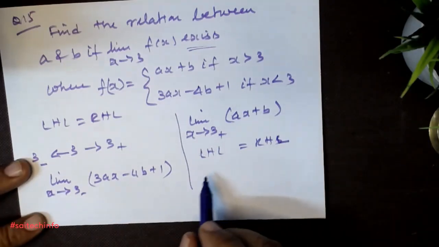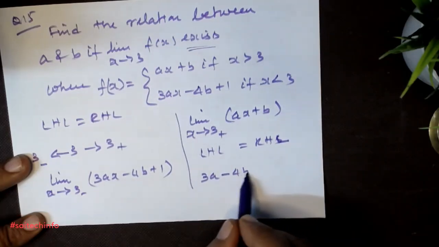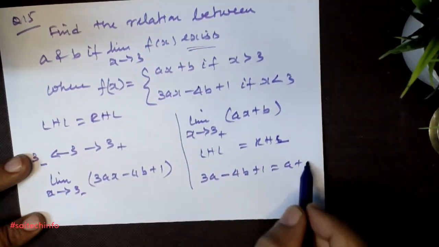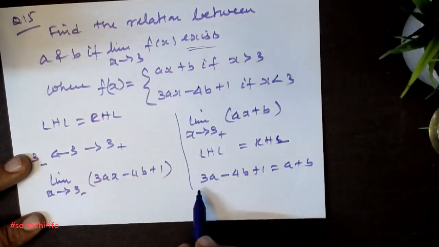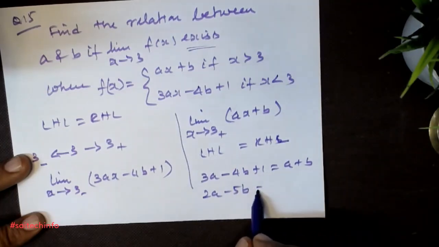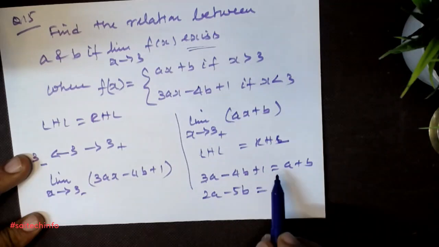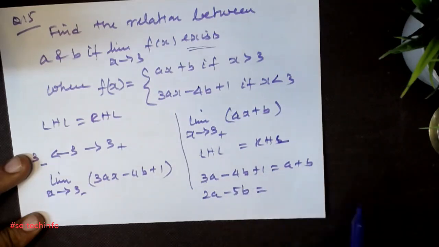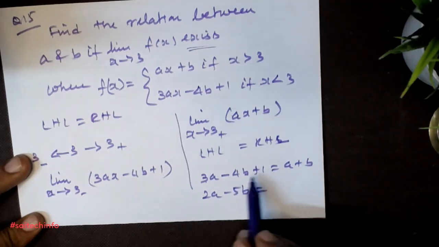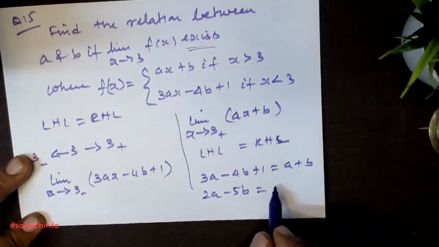Eliminating the x, now we have 3a minus 4b plus 1 is equal to a plus b. So 3a minus a, 2a, minus b, 5b is equal to how much? 1, is it not? 3a minus 4b minus b means 5b and then plus 1, so that is equal to minus 1.